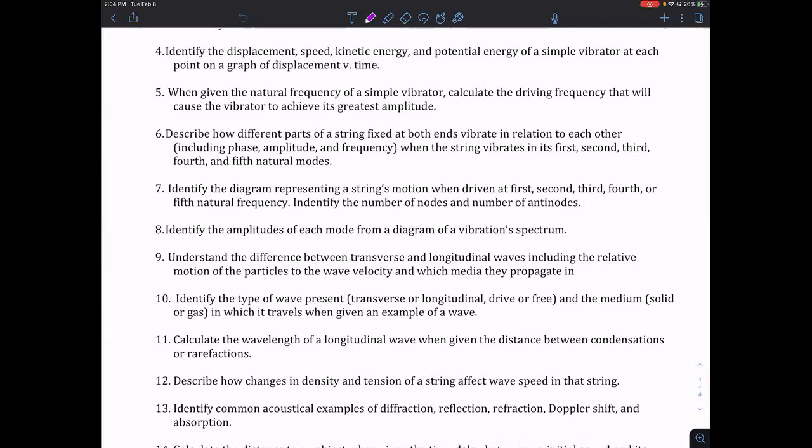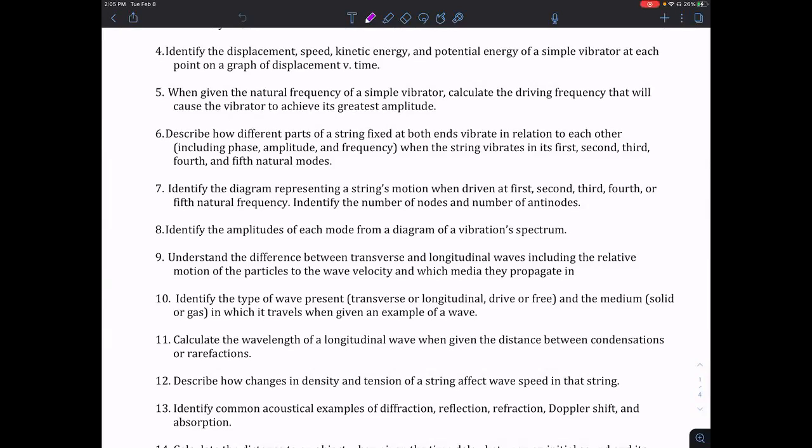So this is the idea of resonance, and that when the driving frequency is equal to the natural frequency, you will get the largest amplitude. So it's a very simple question, so don't make it any harder than it needs to be. You just want the driving frequency to equal the natural frequency. That's the actual description of resonance.